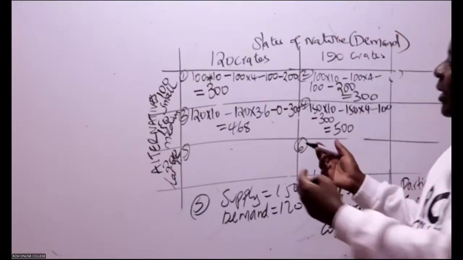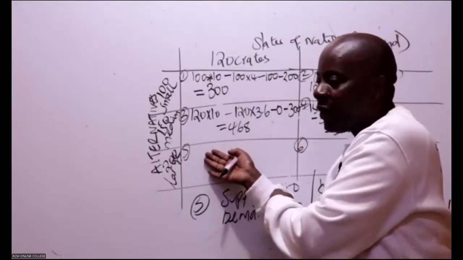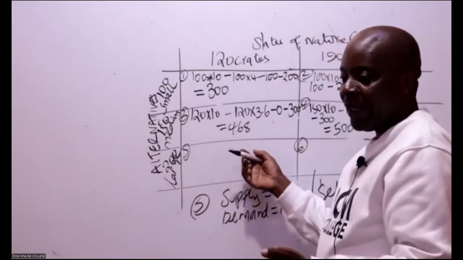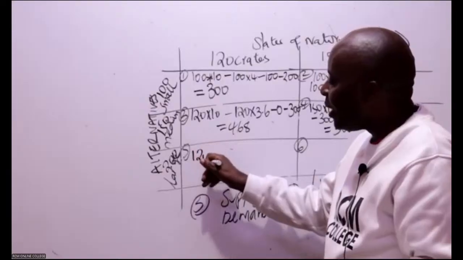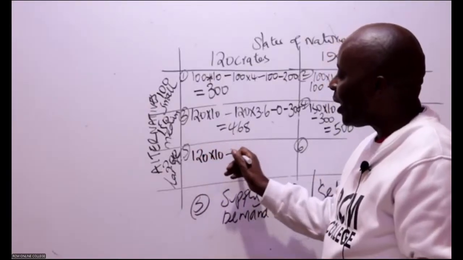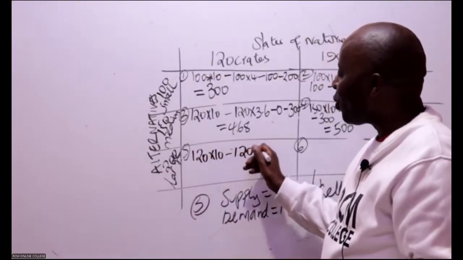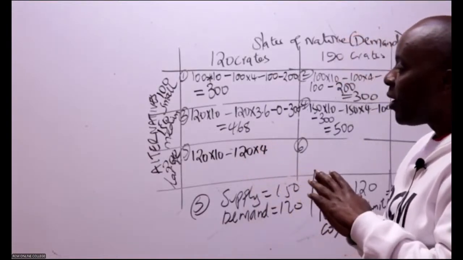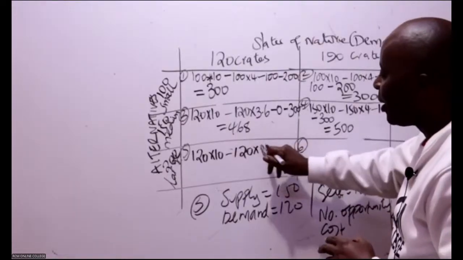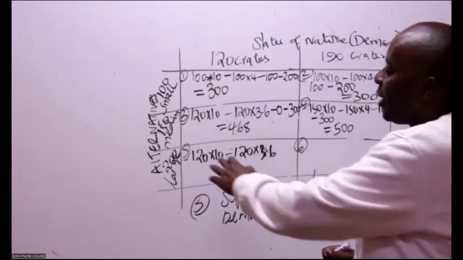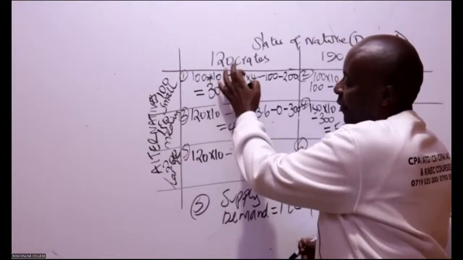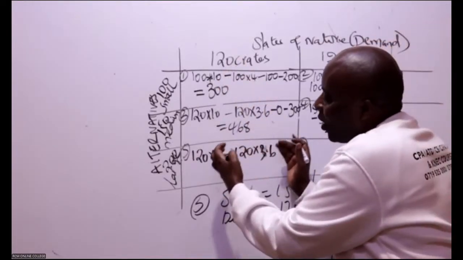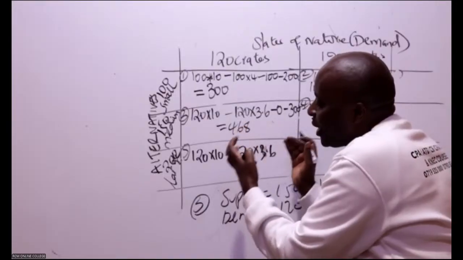How many will I be selling here? Somebody in cell 5? How many crates will I sell? 120, yes. So it will be 120 times the selling price of 10 minus 120 times 3.6. It's not full because of what here? 200 versus 120. Now, ladies and gentlemen, in this scenario, am I going to disappoint any customer?